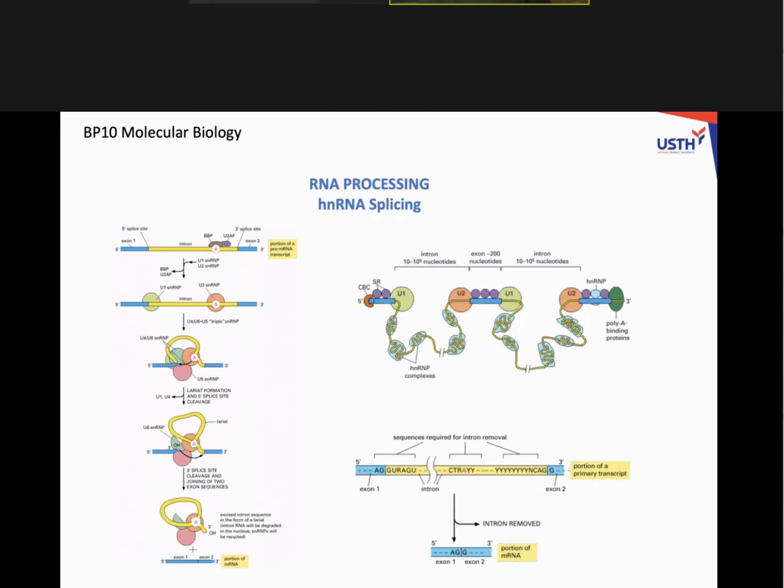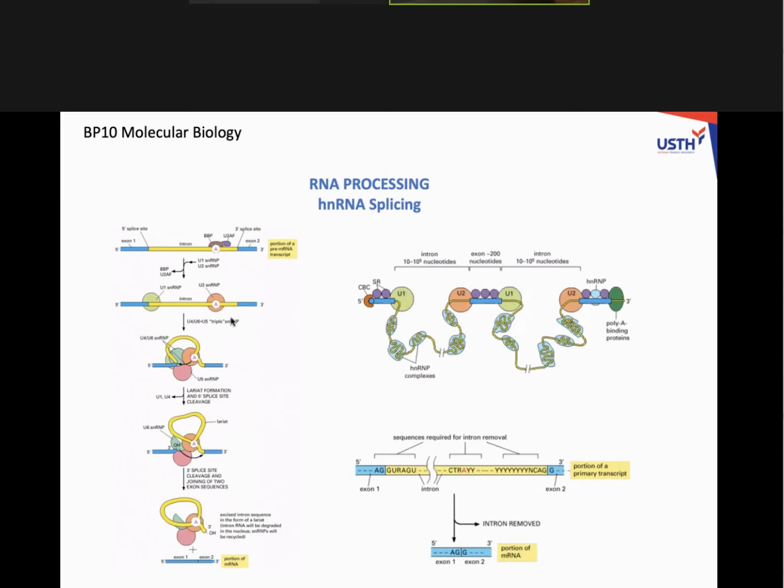Take really care about that, because it's not always the case. It's almost impossible to predict the site of splicing based only on sequence analysis. There are some algorithms that are quite efficient now, but it's very risky.